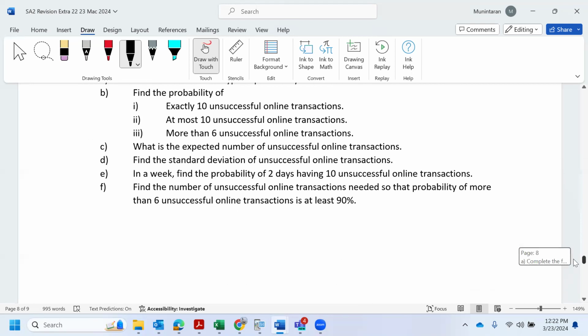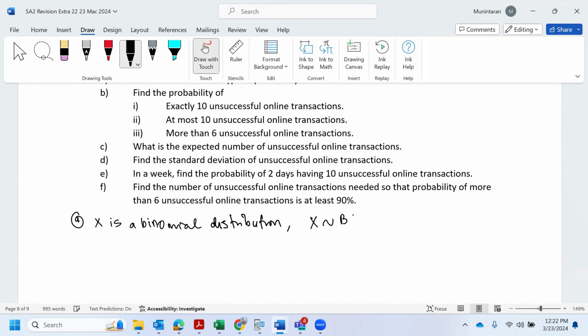The reason I already mentioned, right? X is a binomial distribution, whereby X should be binomially distributed with 200 and 0.03.